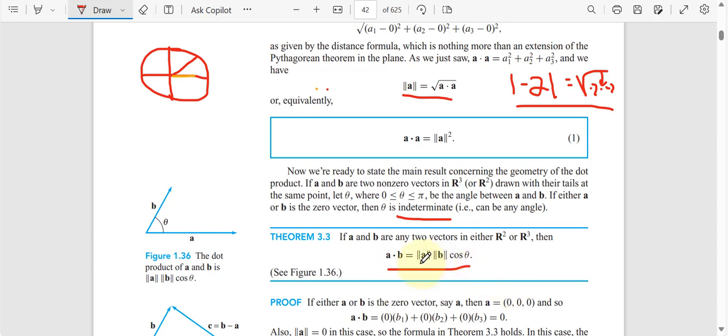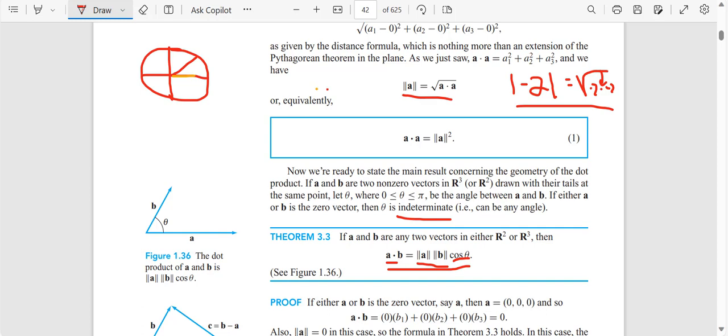If the angle between the two vectors is 0, what does that mean? That means they're both pointing in the same direction. So if the angle between them is 0, then this part is just 1, and so the dot product is just this times this. So it's just the magnitudes of each of them multiplied.